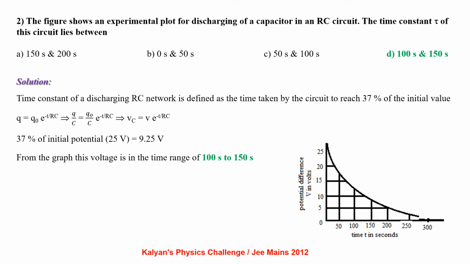Dividing throughout with capacitance, we get Vc equals V times e power minus t by RC. 37% of the initial potential, that is 25 volts, is 9.25 volt. From the graph, this voltage is in the time range of 100 seconds to 150 seconds. So the correct option is 4.